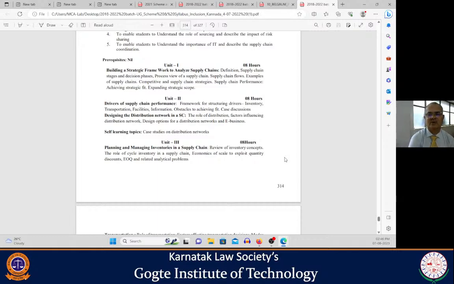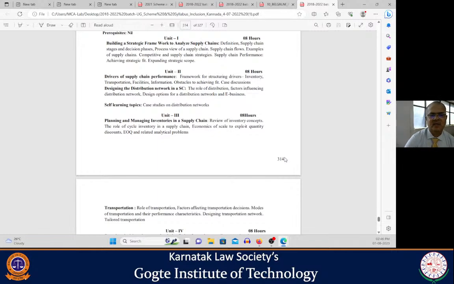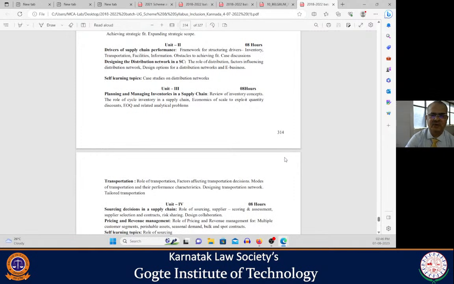Economic order quantity is a very important concept in inventory management. This unit also consists of transportation, wherein we talk about the pros and cons of different modes of transportation, like airways, waterways, railways, roadways, and even pipelines. All of these things are dealt with in unit number 3.